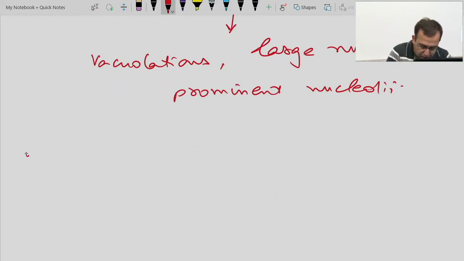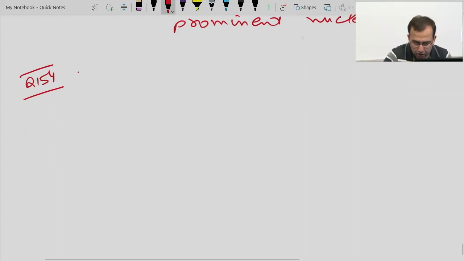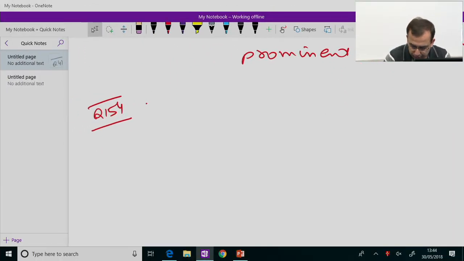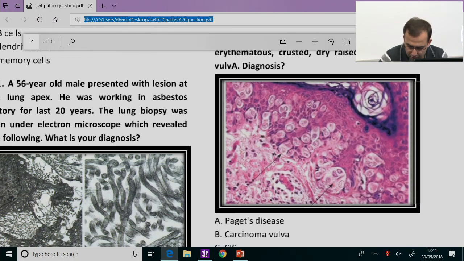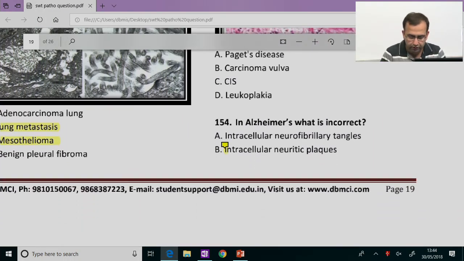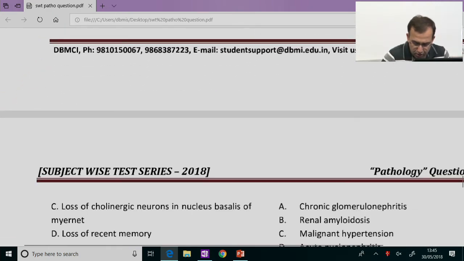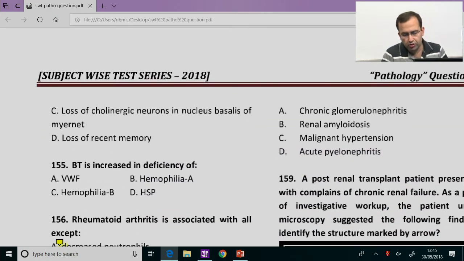This gets us to the next question, that is question 154. In Alzheimer's, what is incorrect? Alzheimer's, we have discussed this at least twice or thrice in the paper. Intracellular neurofibrillary tangles, this is true. Intracellular neuritic plaques, that is also true. Loss of cholinergic neurons in the nucleus basalis of Meynert, this is additional information and is true.